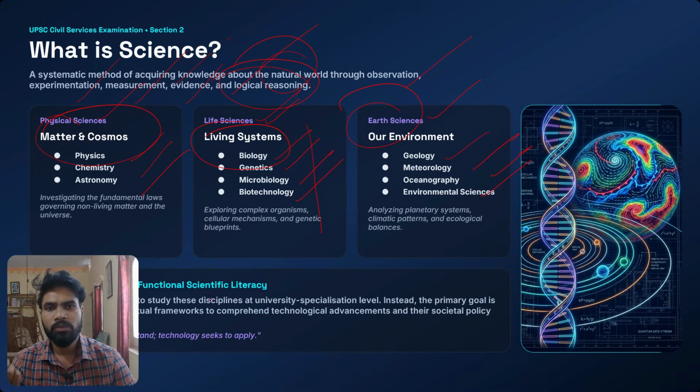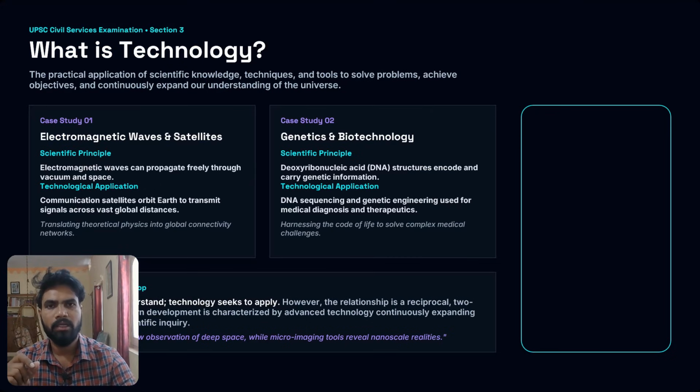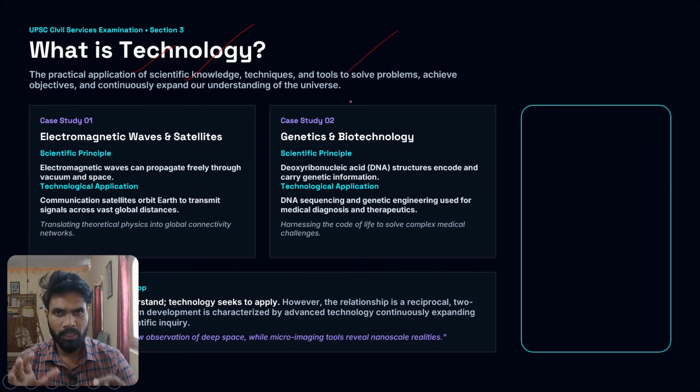If you have to take a quotation, science seeks to understand and technology seeks to apply that understanding. That is how simply you can put both words, science and technology. So what is technology? The practical application of scientific knowledge, scientific techniques, and tools is called technology.